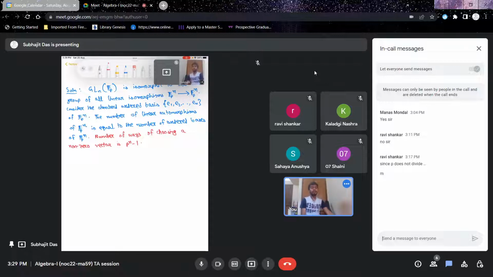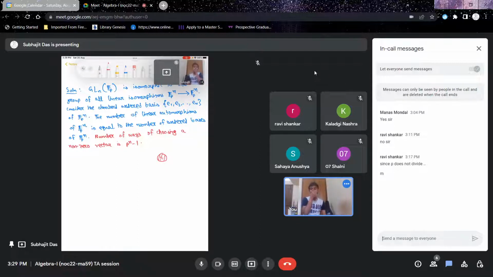Now observe, what you need to do next is pick a second element of your ordered basis, I mean a second vector which is linearly independent with this particular chosen vector, right? Let's call this chosen vector V1, and by this shading I mean the span of V1, right? So if V2 has to be linearly independent from V1, V2 has to be chosen outside the span of V1.